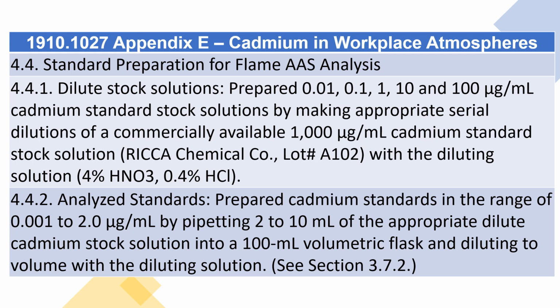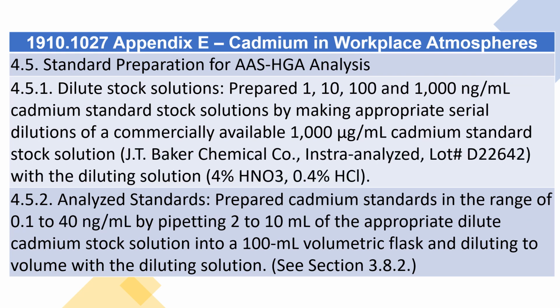Analyzed standards. Prepared cadmium standards in the range of 0.001 to 2.0 µg/ml by pipetting 2 to 10 ml of the appropriate dilute cadmium stock solution into a 100 ml volumetric flask and diluting to volume with the diluting solution. See Section 3.7.2.